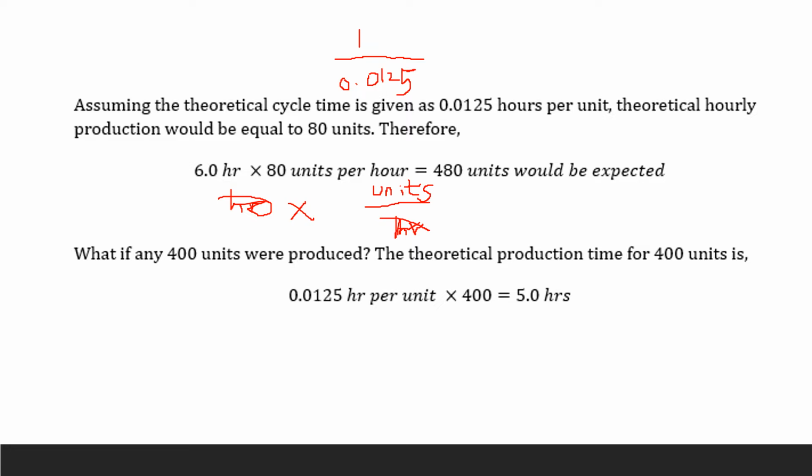Make sure you review all of that high school calculation. Those are just algebra. Okay, so what if 400 units were produced? The theoretical production time for 400 units is what we want.